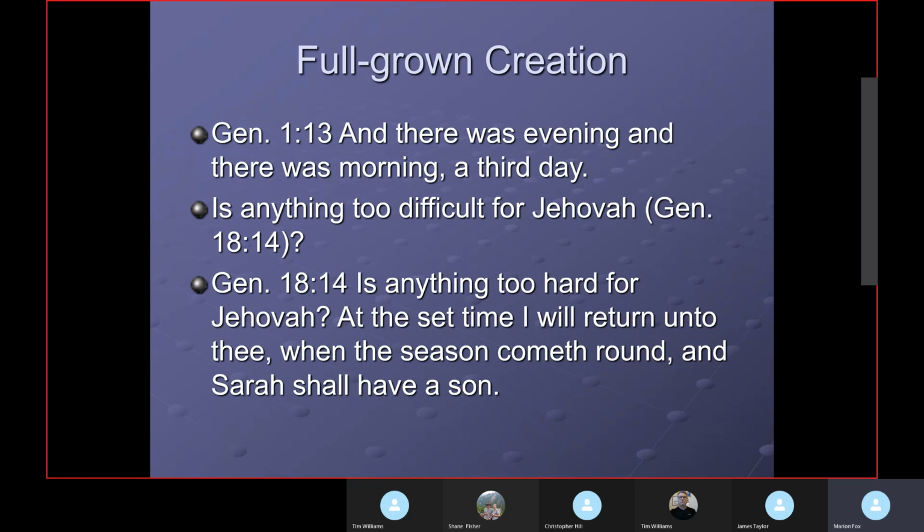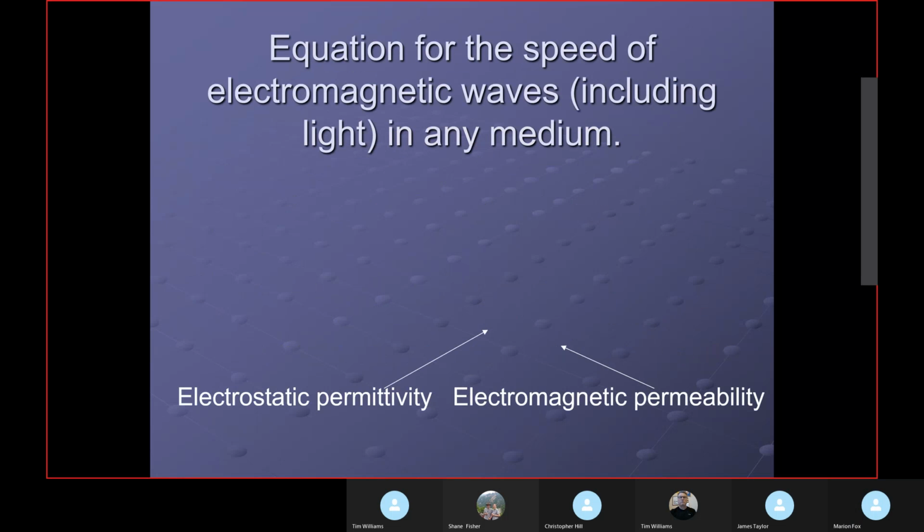At that time I will return unto thee, and when the season cometh round, Sarah shall have a son. So now Abraham and Sarah are beyond the age of childbearing, Sarah particularly. And so God says she's going to have a son. And of course she does. So God can do what he says he'll do, and he could create in a full-grown state.